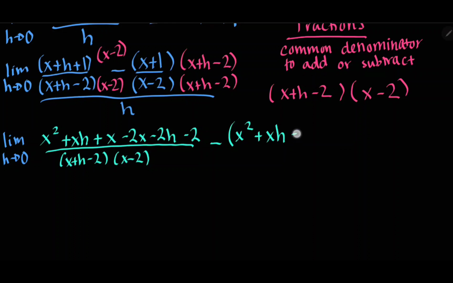X times -2 is -2x. And then we take the 1 and multiply it into x, h, and -2. So 1 times x is x. 1 times h is h. And 1 times -2 is -2. I put parentheses because this negative is going to carry into every single term.